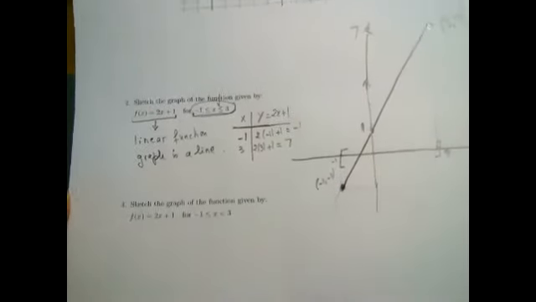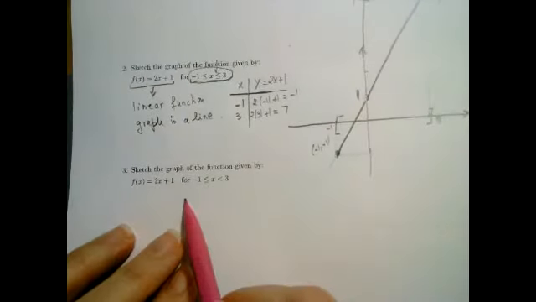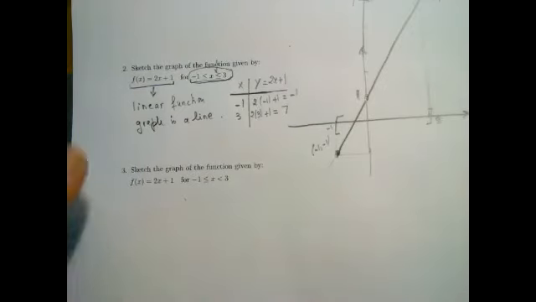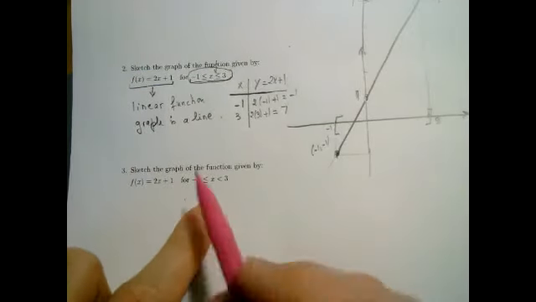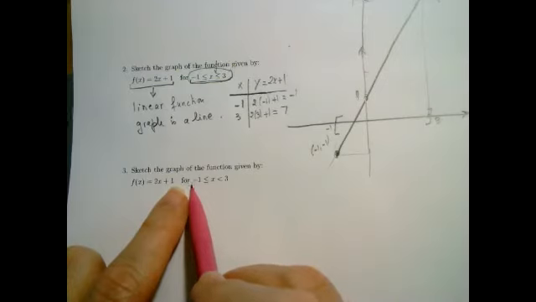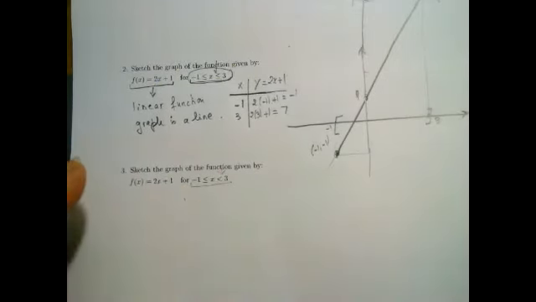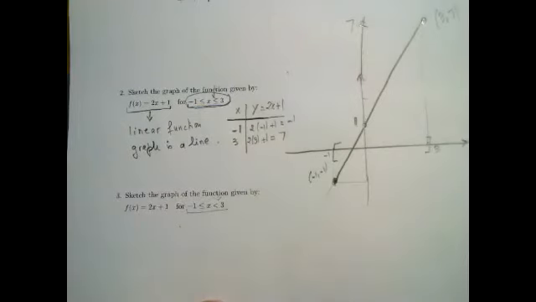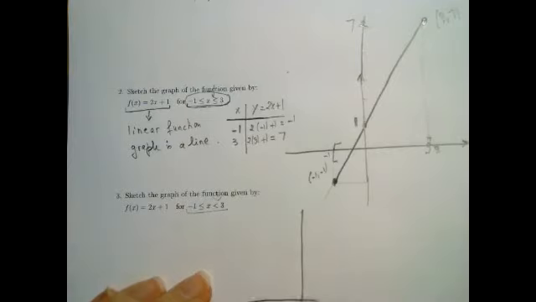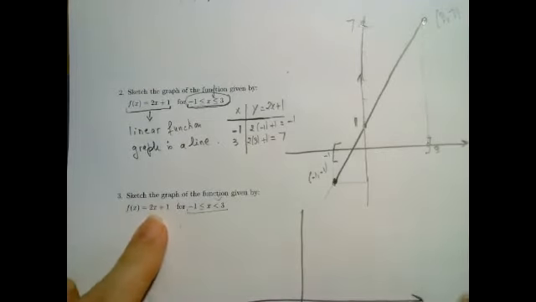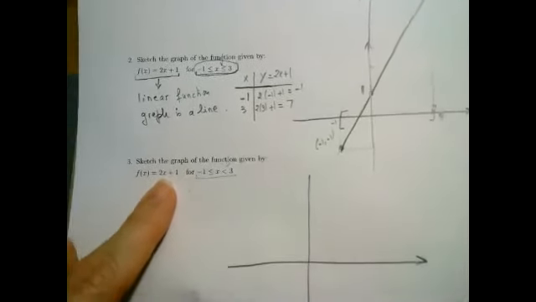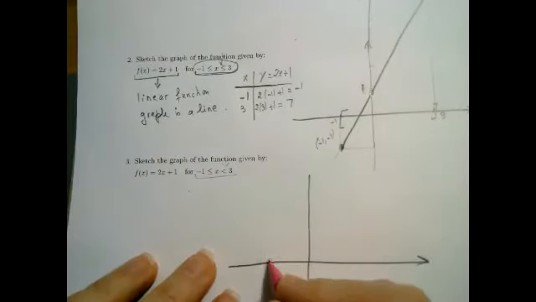Okay. Now, suppose I give you the same function, exactly the same. But I tell you, okay, I'm interested in it between -1 and 3 and open at 3. How will that change the graph of the function? So now it's the same. This is a line. To sketch it, I just sketch 2 points. But here I'm interested only between -1 and 3.